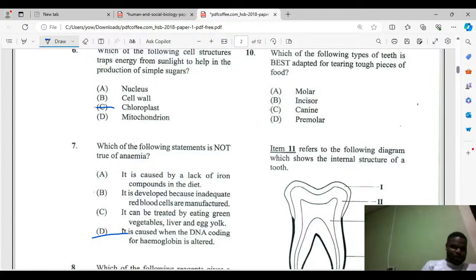Every single soul agree with C? Now no B for beach? Now no A for apple? So we move away.